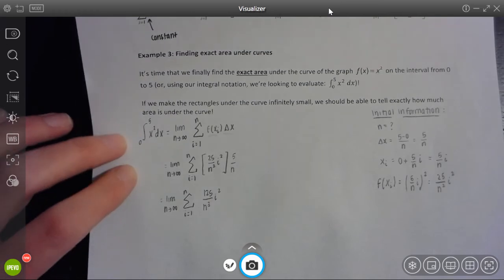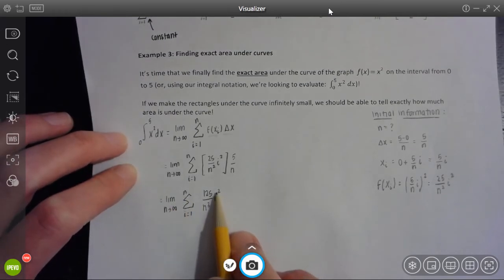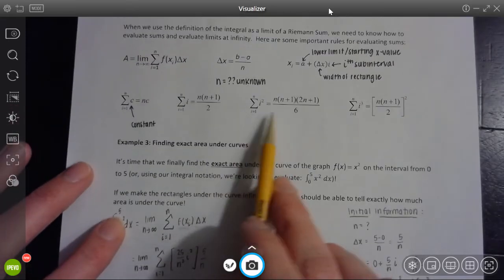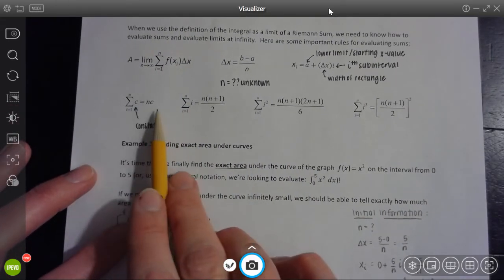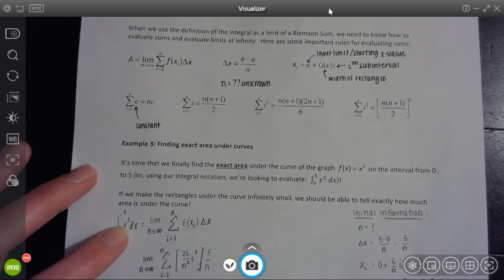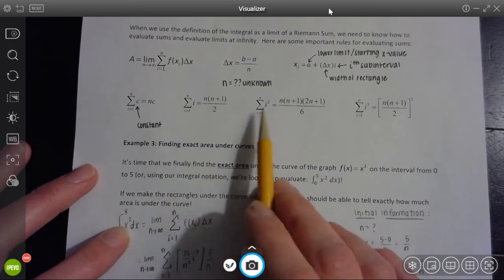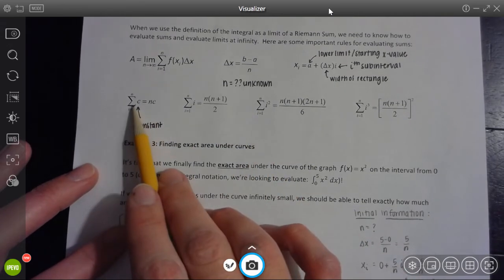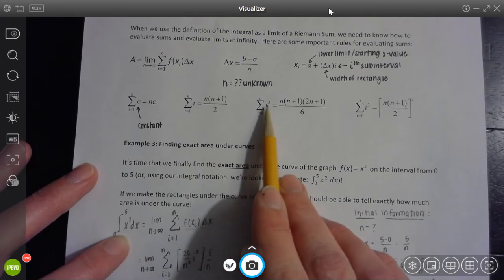So at this part, we know that we have a summation here, and we know that we have an i squared. So this is where this piece comes in up here. What we need to be able to do is substitute in one or more of these quantities for something in my simplification process here. We know that we have the summation of c, or the summation of i, or the summation of i squared.